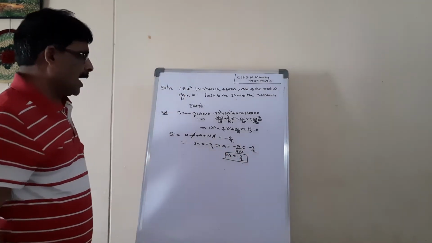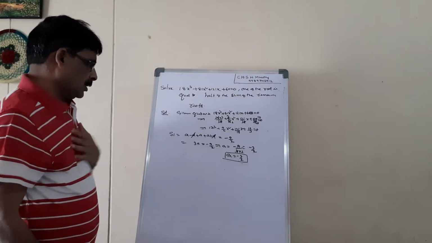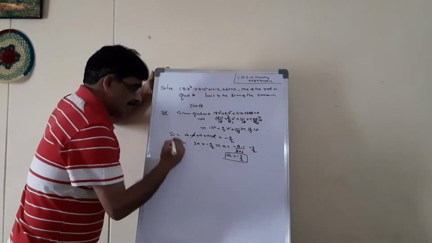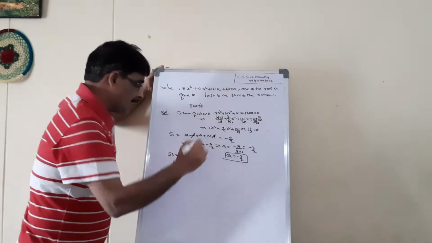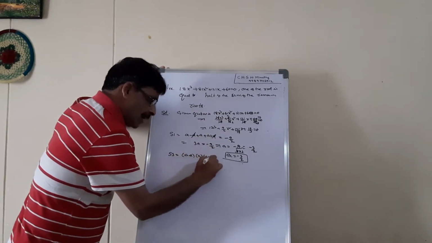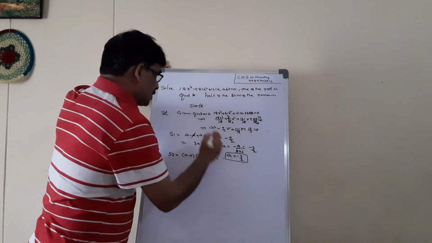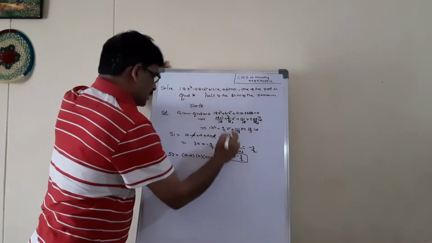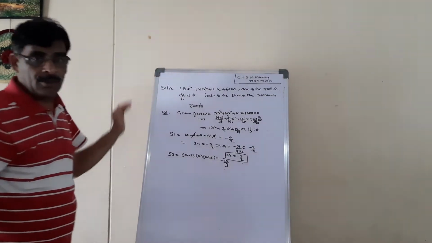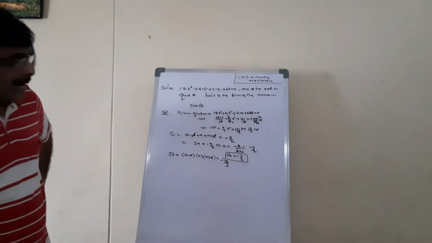Now we have to find the roots. Take S3 for convenience. What is S3? Alpha, beta, gamma. Here alpha equals a minus d, beta equals a, and gamma equals a plus d. The product of roots is equal to minus 10 by 3, that is, minus p3.